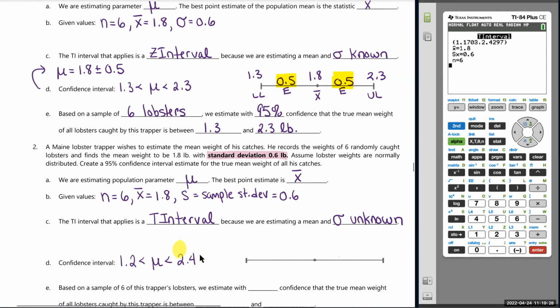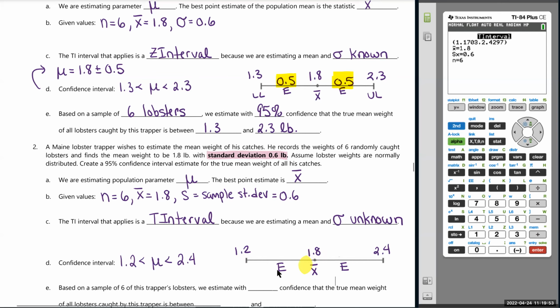So we'll take a look at that graph. Our point estimate was 1.8. And now our lower limit, instead of 1.3, we're going lower. We're going to 1.2. And instead of 2.3, we're going higher. We're going up to 2.4. So our margin of error is larger.